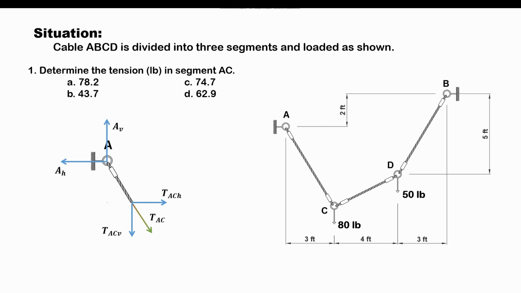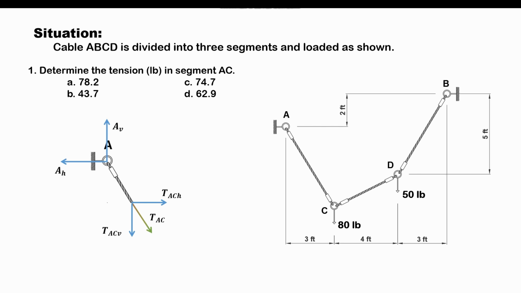The concept that I just said would only be applicable if there are no external forces that act at joint A. What do I mean by that? If there were a horizontal force acting at A, we would need to consider another equation, since if we summed horizontal forces, TACH and AH would be involved with the external forces.